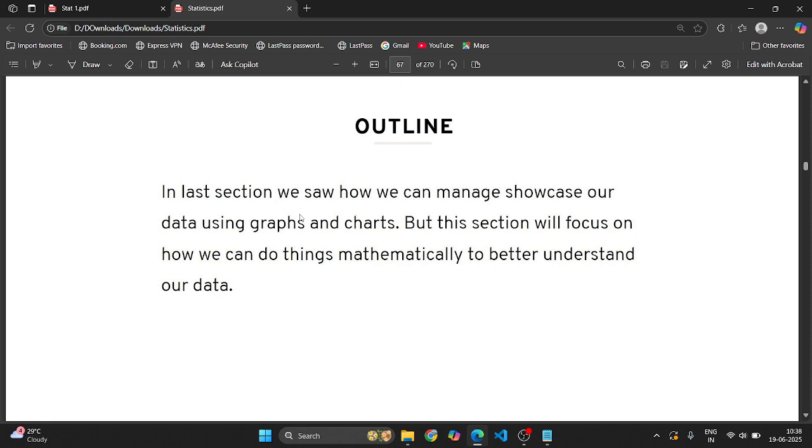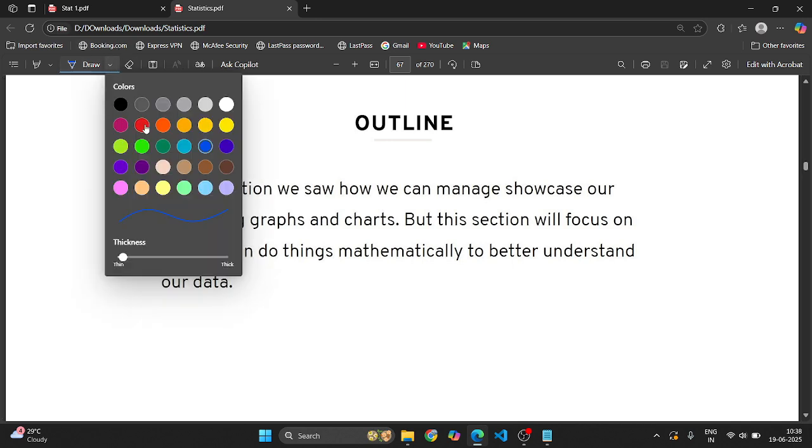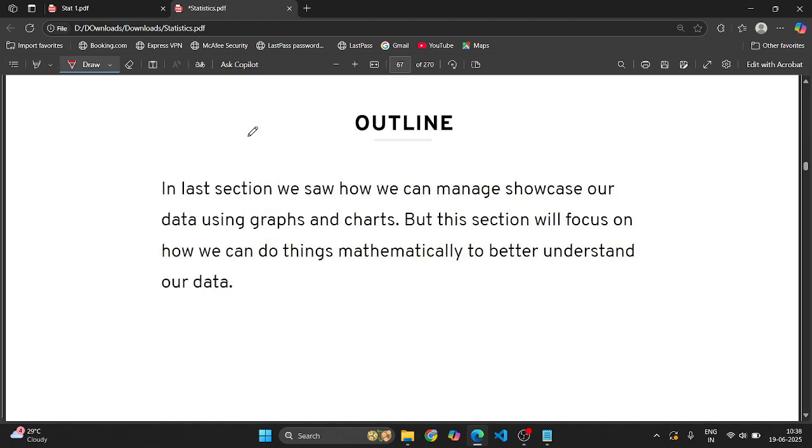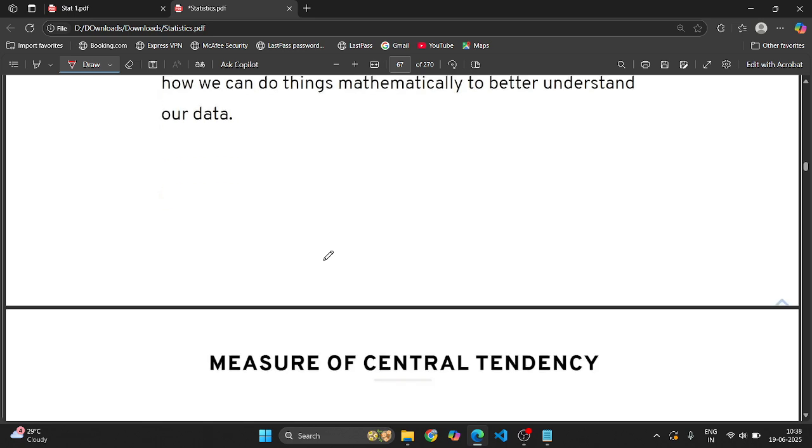In the last section, we saw how we can showcase our data using graphs and charts, but in this section we will focus on how we can do things mathematically to better understand our data. Today we will perform mathematical operations on our data.